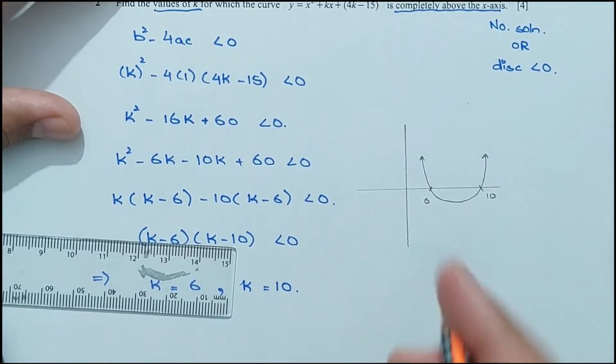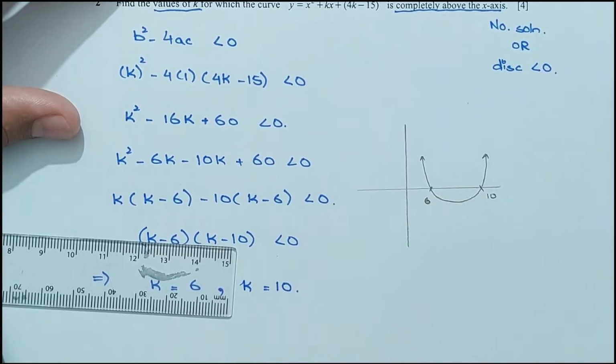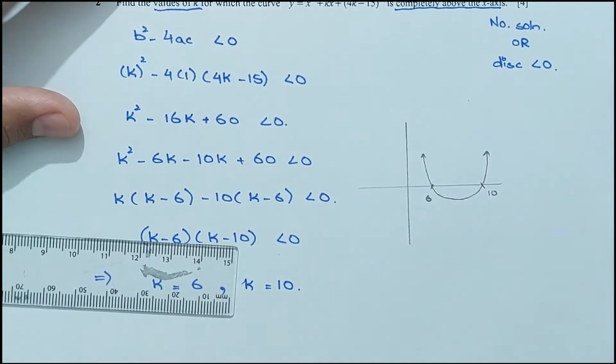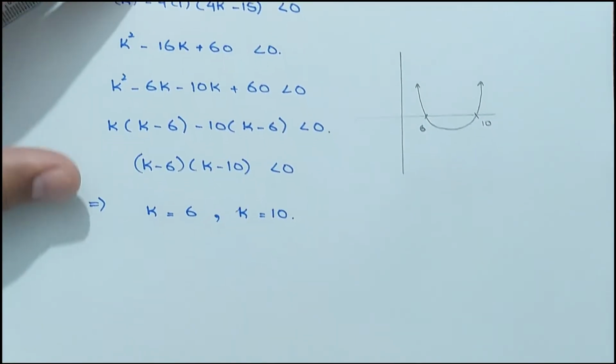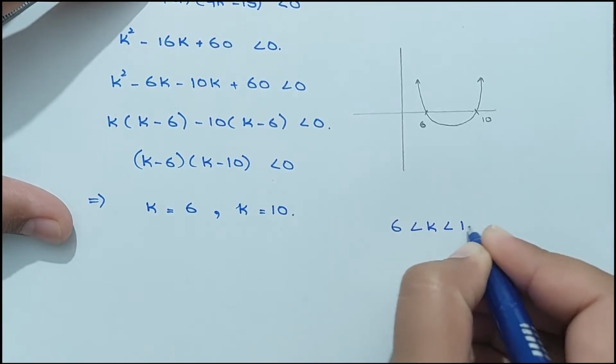It is less than 0 when the value of k is between 6 and 10. So the values of k which satisfy the inequality, when the curve is completely above the x-axis, is 6 is less than k is less than 10.